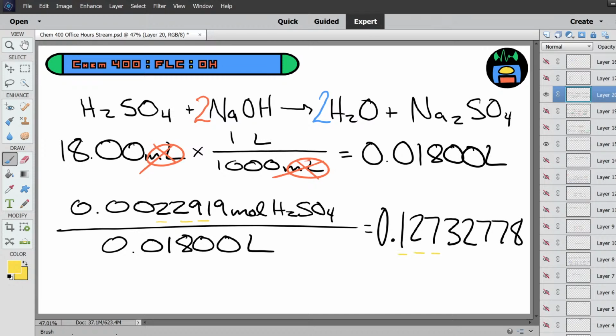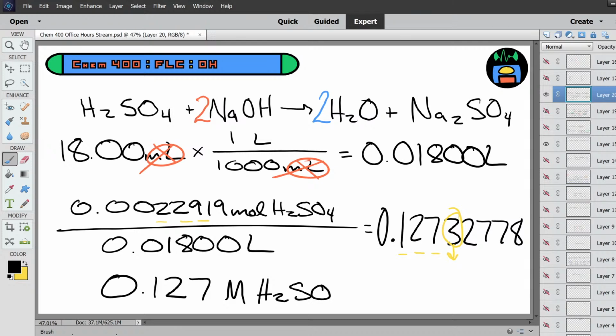It's 1, 2, 3. All right. And so this 3 is going to round down. So our final answer is our solution of sulfuric acid has a molarity of 0.127. And that is our answer.